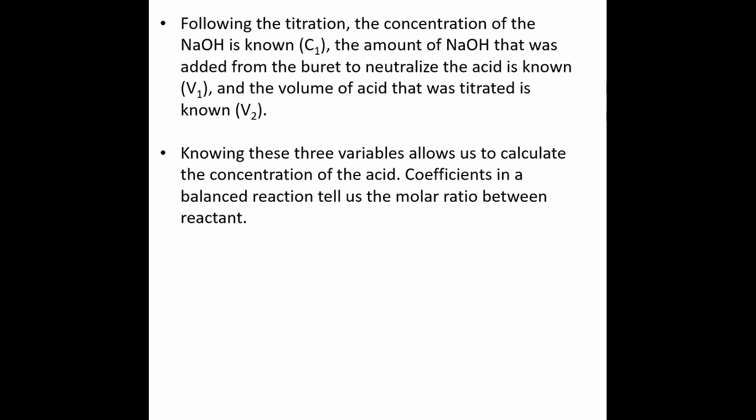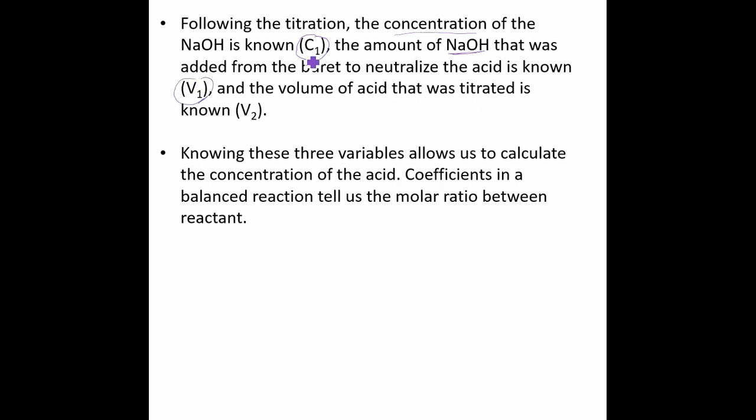So once you've done the titration and you have your numbers of the sodium hydroxide that's been delivered out of the burette, now what do we actually know? Well, we know the concentration, once again, of our standardized solution, which is the sodium hydroxide, and we'll just call that here C1. We know the amount of sodium hydroxide that was also delivered from the burette, the volume, so we know that.